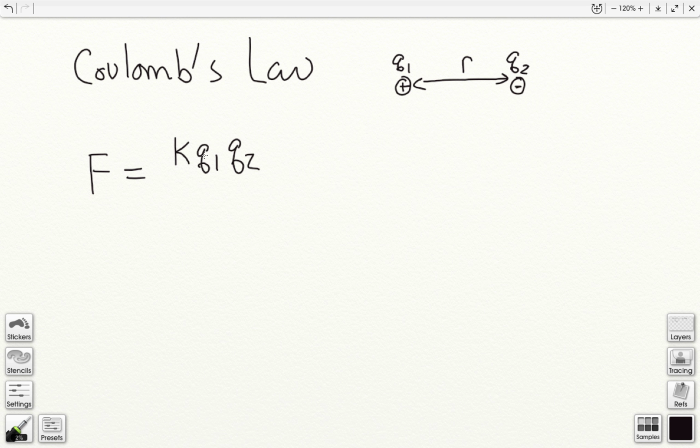So the magnitude of those charges, Q1 and Q2, with an absolute value, and I'll explain that in a second, over R squared, where R is the distance between them.